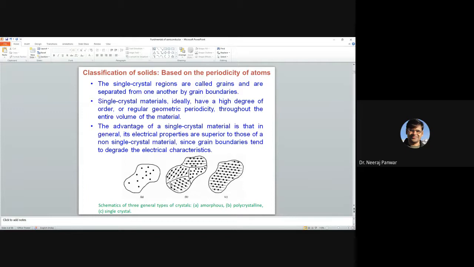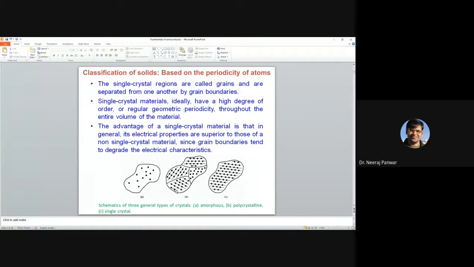But if we move close to this boundary, then we see that there is an interruption in the periodic arrangement of atoms. After this region, there is another region with a periodic arrangement of atoms, but the orientation of these atoms is different in comparison to these atoms.